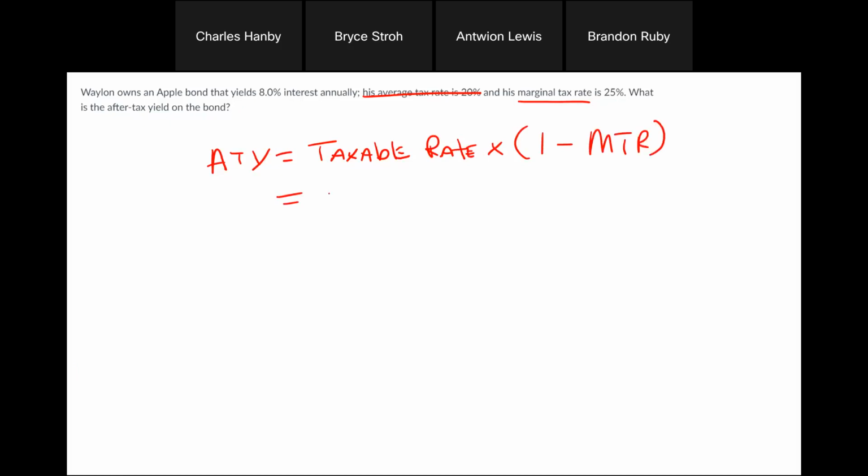In this case, it's 8.0 times 1 minus 0.25. So that is 6%. Simple as that. Are there any questions about calculating after-tax yield?